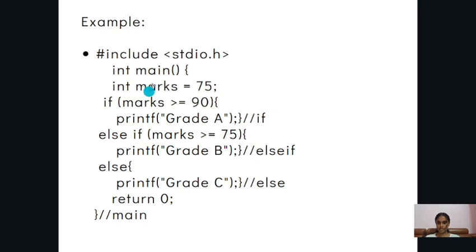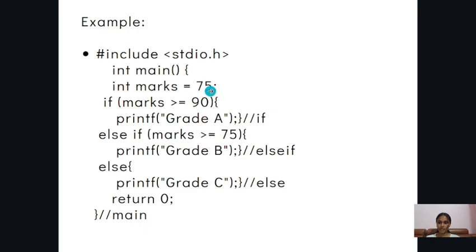We declared marks equals 75. Since marks is equal to 75, the output is grade B, as the if statement condition is marks greater than or equal to 90, but we assigned the value 75.